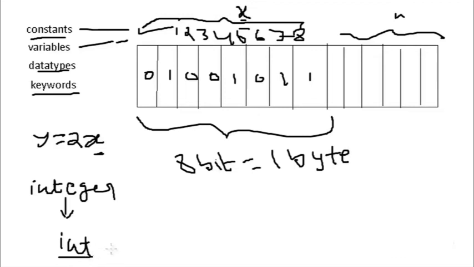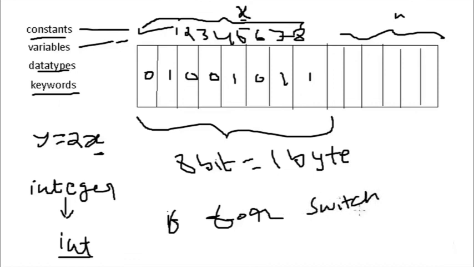Similarly, we have float for floating point, then char for character, then bool for boolean, etc. So there are many keywords available in C++, and for example, we have if, whose meaning is already defined to the compiler. We have for, we have switch, and many more.